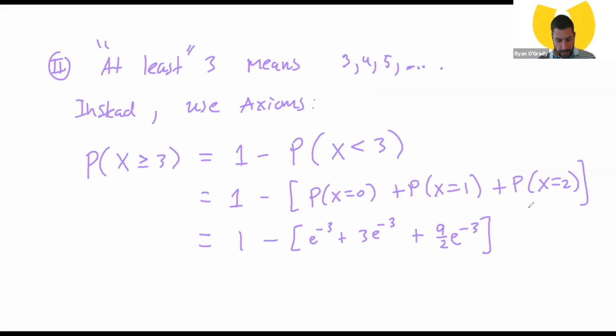And by the way, if you have any issues with knowing how to do this with a calculator, just let me know. You can do it privately if need be. And so if you do this correctly, you get approximately 0.5768 or 57.68%.